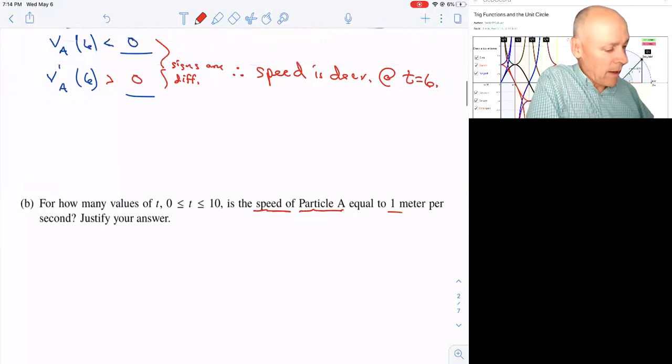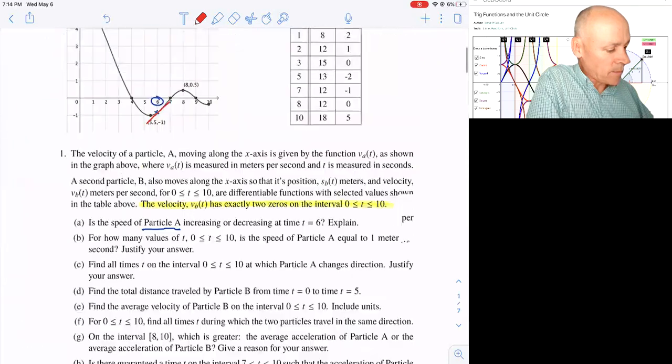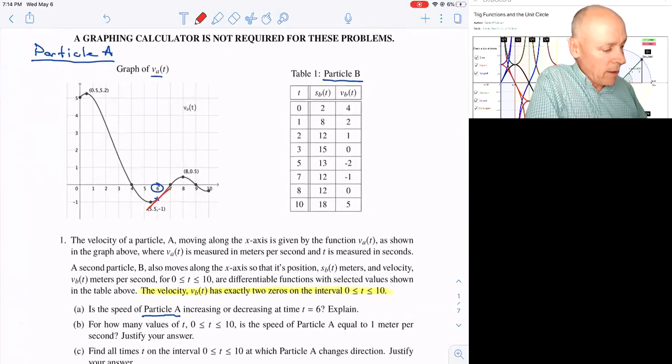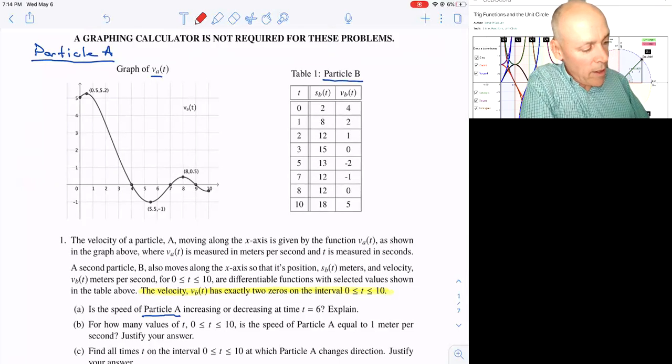Again, I'm going to look at my graph of velocity for particle A. I remember that speed is equal to the absolute value, so the speed for A is the absolute value of the velocity for particle A at t.